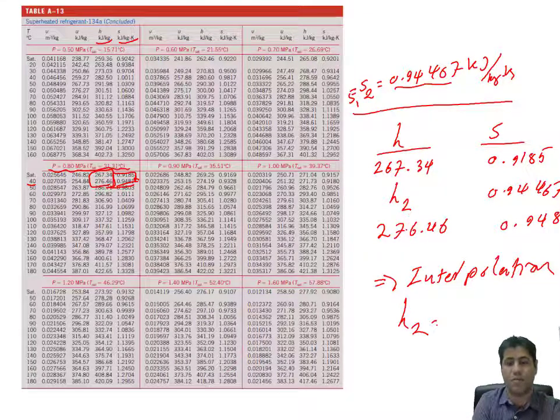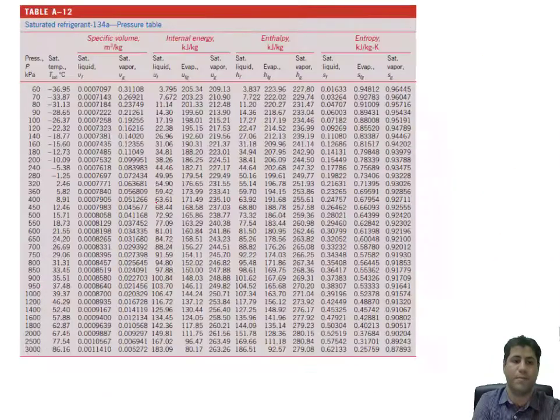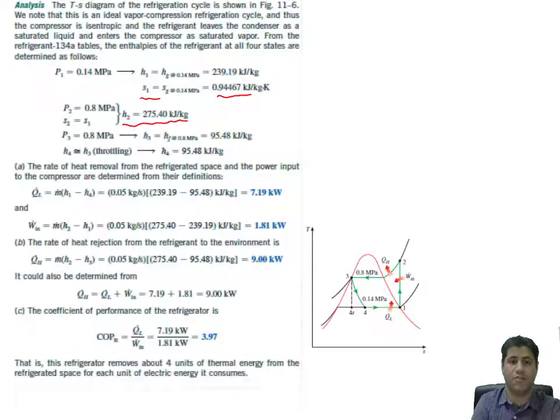And as you notice, we can also check that H2 is between these two: 275 is less than 276 and bigger than 267 kilojoule per kilogram. So by this, we have already calculated the enthalpy for state 2 as well. Now let's see how we can find the enthalpy for state 3.